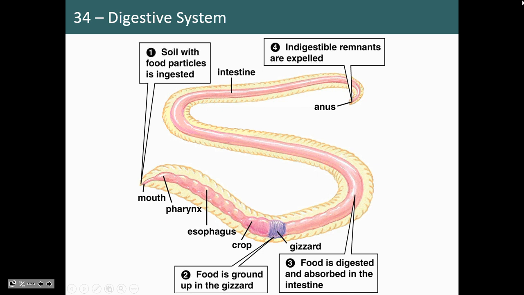They don't have teeth, so they use this muscular gizzard action for that. And then as food moves through the intestine and the digestive tract, nutrients are going to be absorbed, water is going to be reclaimed by the body, and dry, undigestible material will be expelled as waste, right?